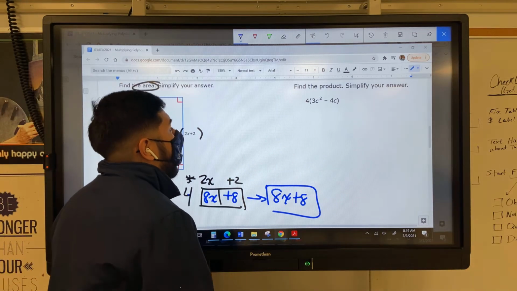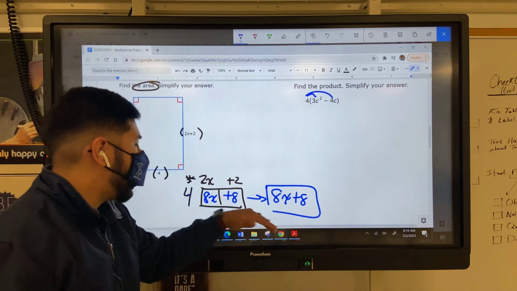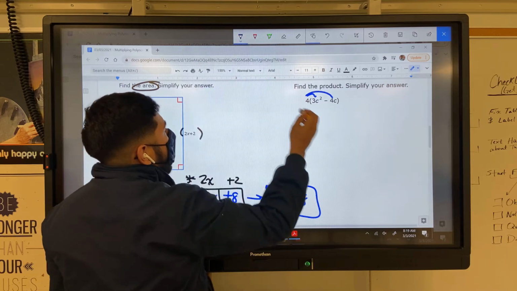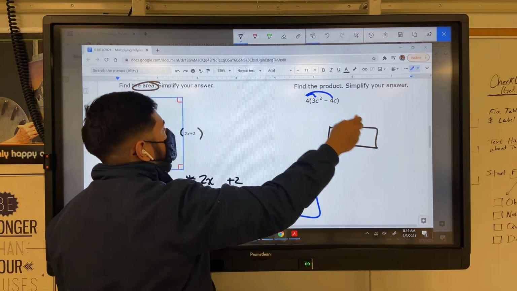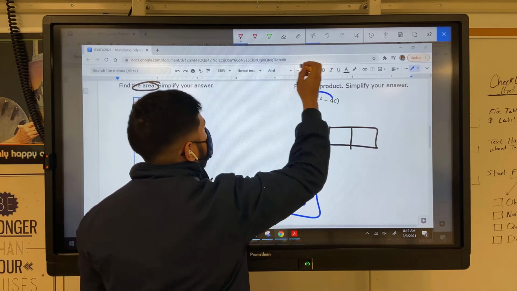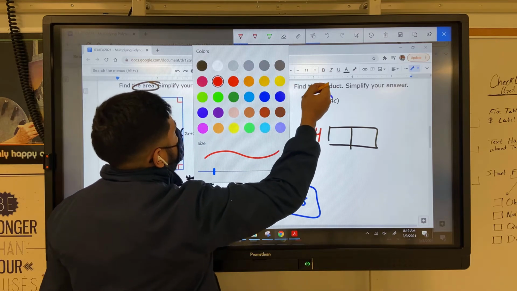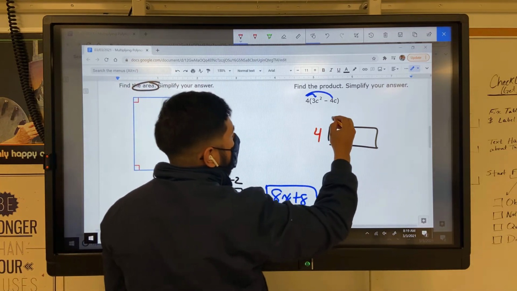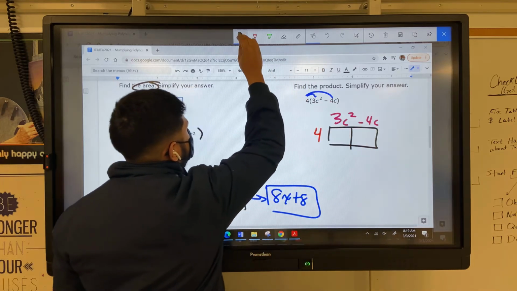Same thing over here. Some of us are going to say, oh, I can just do distribution. You're right. But because we're doing the box method, it's not too bad just to do the box method. This is just a 1 by 2 box. Put the 4 in the front. 3c squared minus 4c.